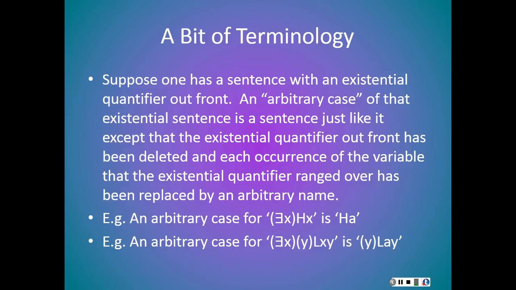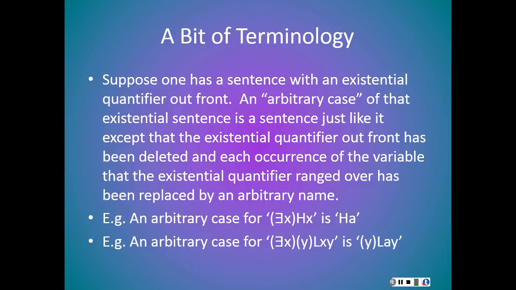This is my own terminology. Your textbook uses different terminology for the same thing. Your textbook calls what I'm calling an arbitrary case a typical disjunct. It does that because it draws on an analogy between existential elimination and or elimination.